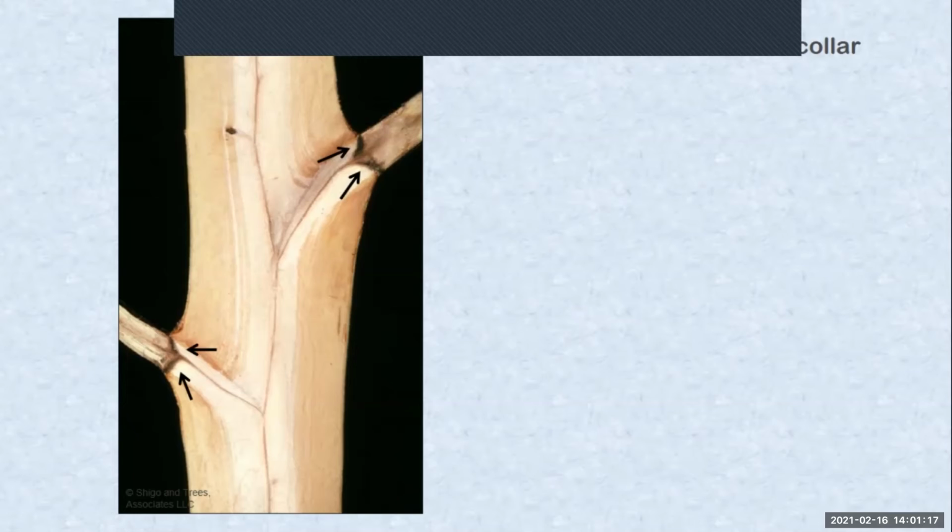If you were to do a flush cut straight up and down to cut that branch off, you would be removing that protection zone, and then you'd have this big open wound exposing the trunk to decay fungi. If you make your cut properly outside of the branch collar, you maintain the integrity of this protection zone, which can then better fight any fungi that might be trying to enter through that pruning cut.